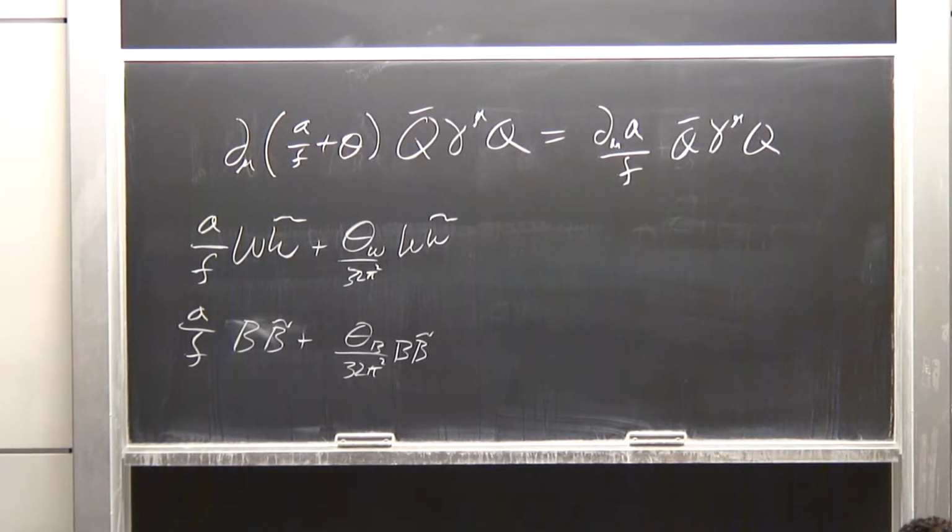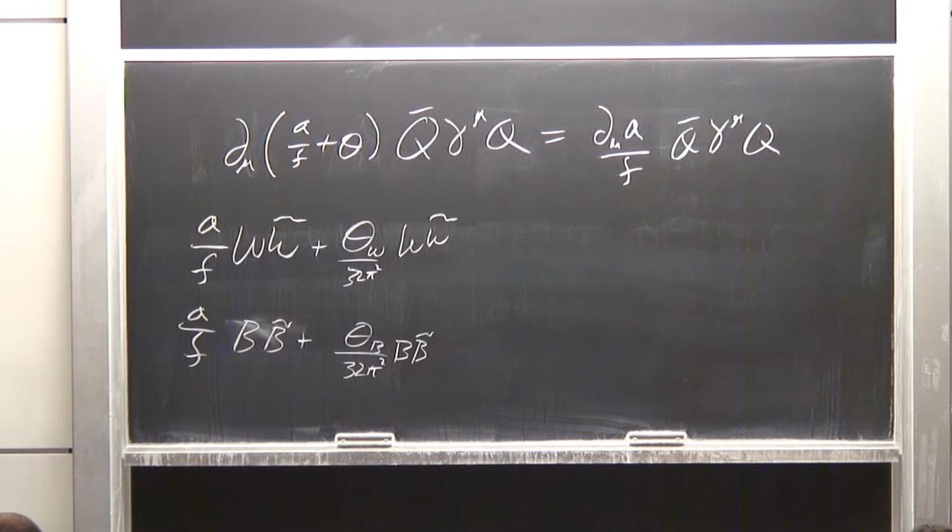And analogously, if these quarks have U1B charges, then again this rotation is anomalous under U1B, and you generate this term. But you just generate it once, and then it just stays the same forever.